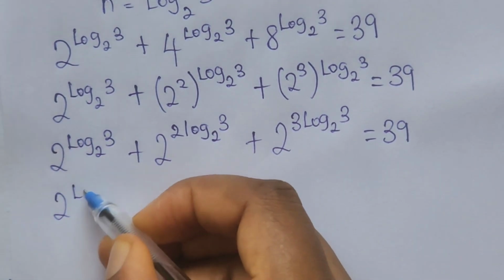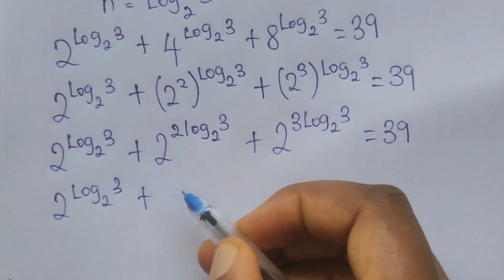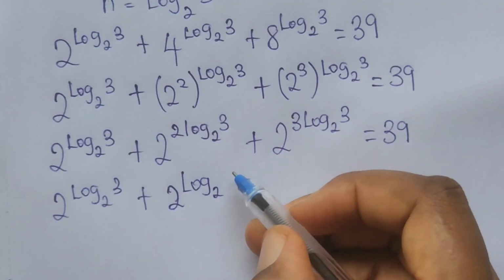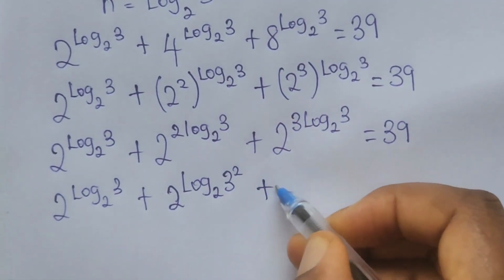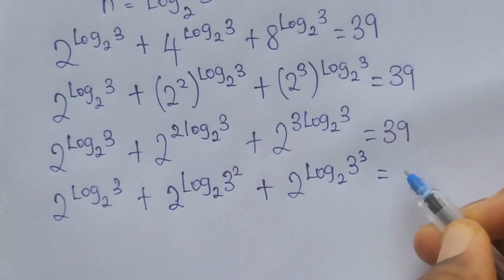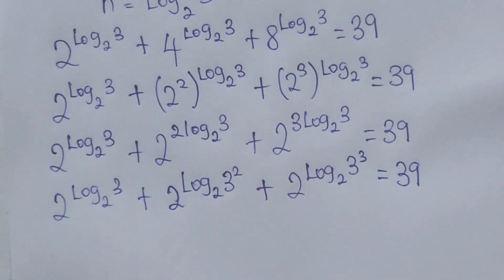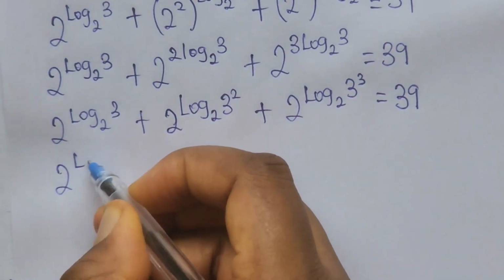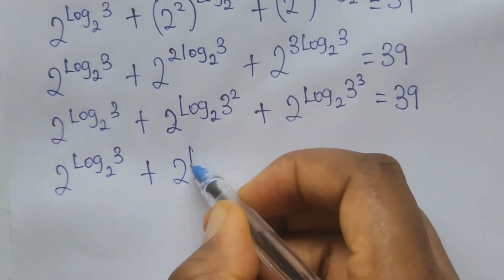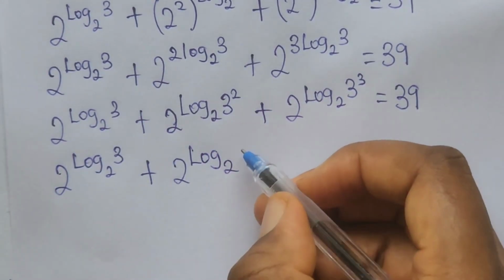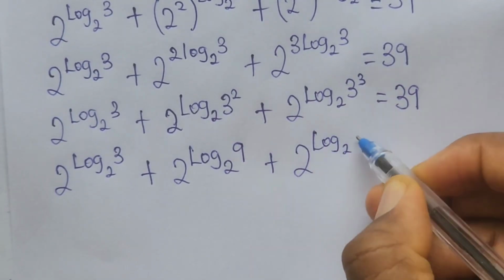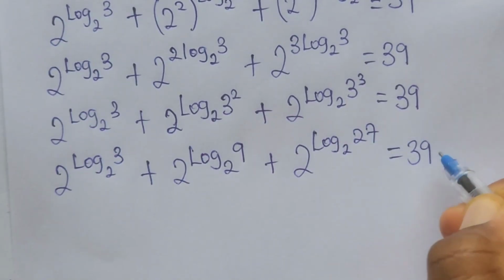So this will give us 2 to the power of log base 2 of 3 plus 2 to the power of log base 2 of 3 squared plus 2 to the power of log base 2 of 3 cubed, which is equal to 39. So we have 2 to the power of log base 2 of 3 plus 2 to the power of log base 2 of 9, which is 3 to the power of 2, plus 2 to the power of log base 2 of 27, which is equal to 39.